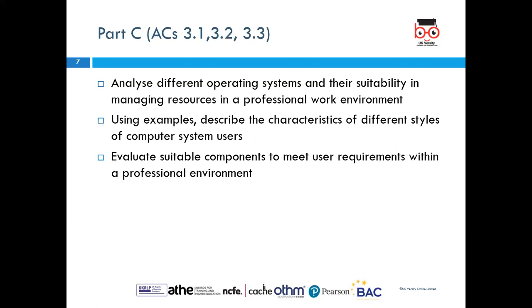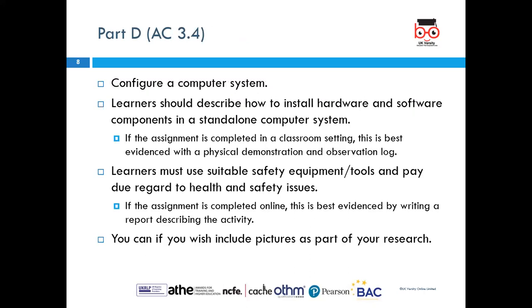Then, using examples, describe the characteristics of different types of computer system users. Then evaluate suitable components to meet user requirements within a professional environment. Part D: configure a computer system. Learners should describe how to install hardware and software components in a standalone computer system.